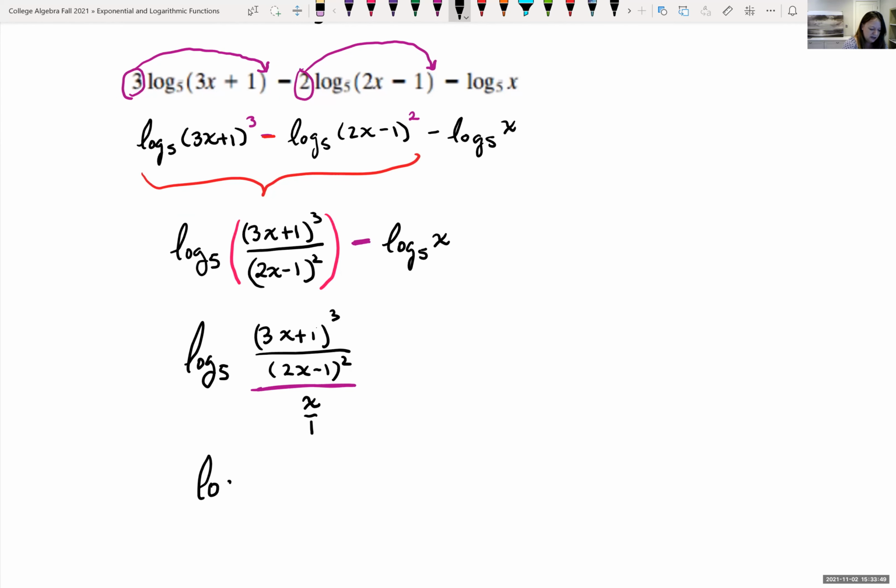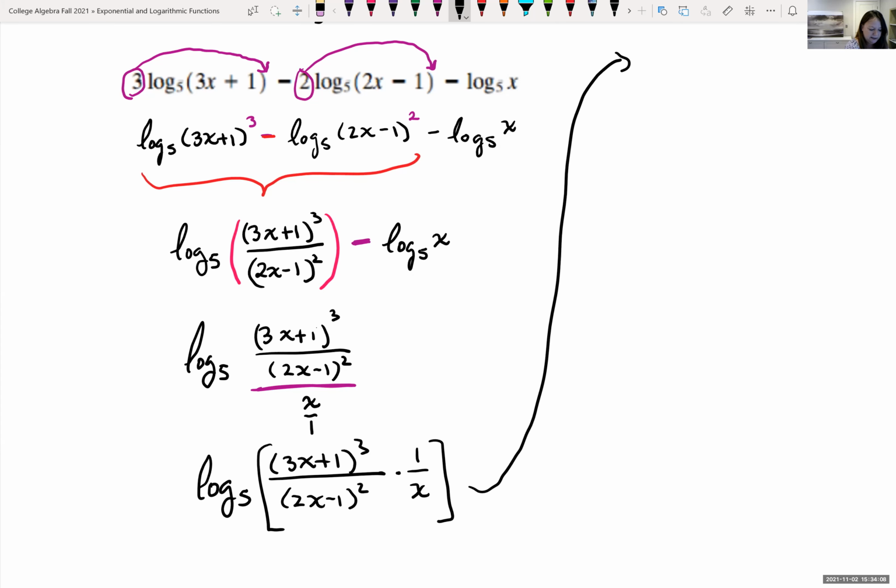So this is log base 5 of 3x plus 1 cubed all over 2x minus 1 quantity squared times 1 over x. And we're pretty much done. So this is the same thing as log base 5 of 3x plus 1, that quantity cubed, all over, I'm just going to put the x first, x all times 2x minus 1 quantity squared.